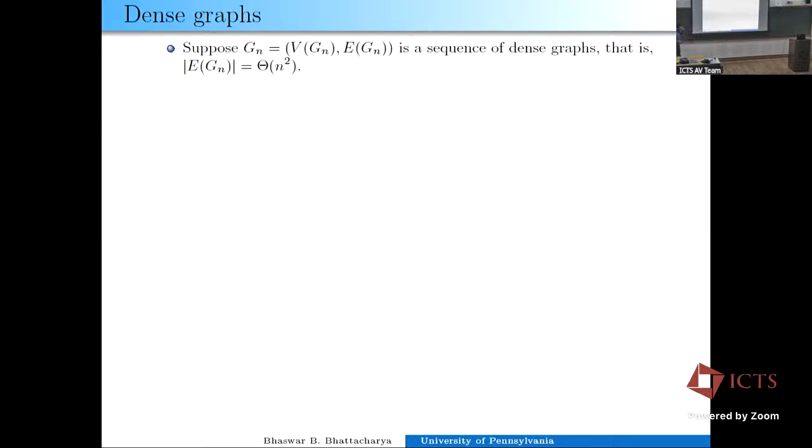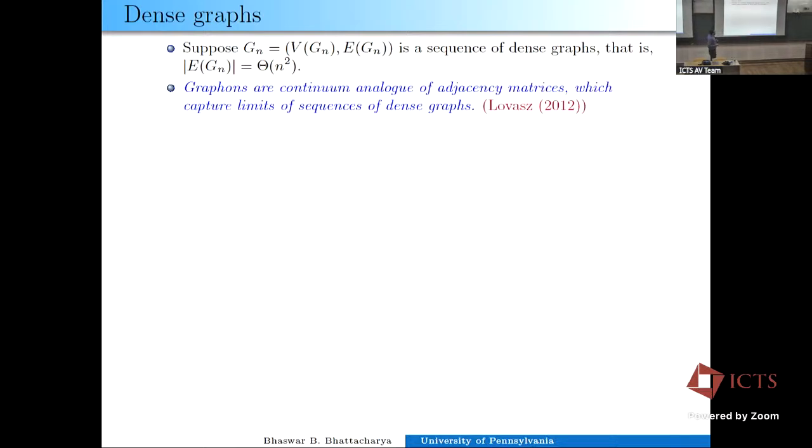On the other extreme, let's think I have a dense graph. There are many interesting things happening in between. I'm not talking about it. Some of them are in the paper. But let's talk about the dense case, where a graph has n squared edges. So this is also a 30-second introduction to graphons, which is a terrible idea, I think. If you have a sequence of dense graphs, there is a way in which you can take limits of those graphs, like you take limits of functions.